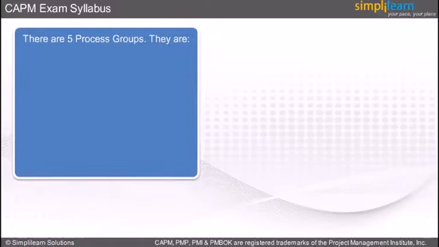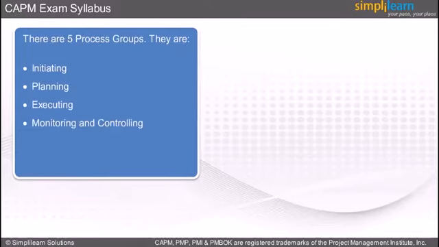First, let's see what a process group is. The whole project management discipline is divided into 5 broad process groups. They are project initiation, project planning, project execution, project monitoring and control, and project closing. You probably might be aware of them as well.